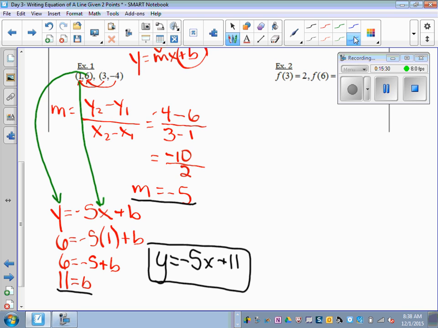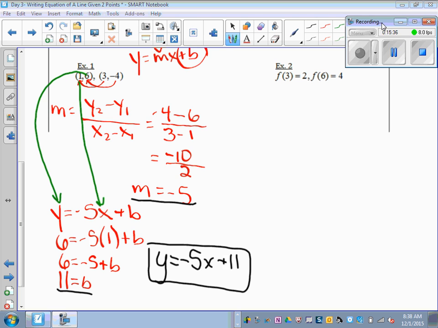Alright, questions on that first example? Okay, same idea with our second one. We have f of 3 equals 2, and f of 6 equals 4. So again, let's do our slope. Y minus y, so 2 minus 4.